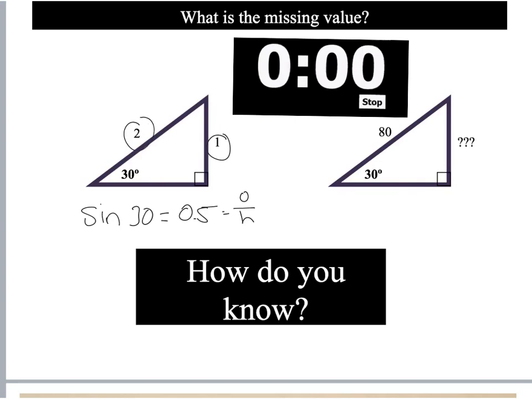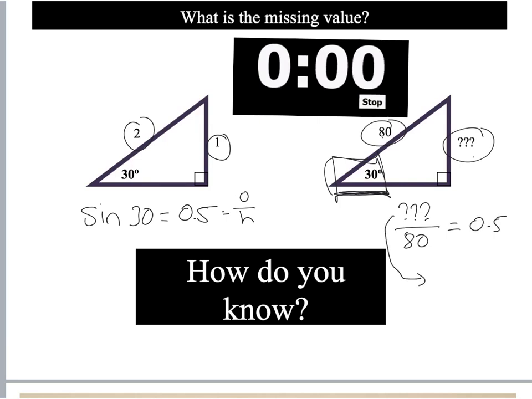So I know that this ratio here should always also be 1/2 because this angle here is 30. So question mark over 80 must equal 0.5. Hopefully you were able to work out that this unknown side must equal 40 for that ratio to be 0.5.